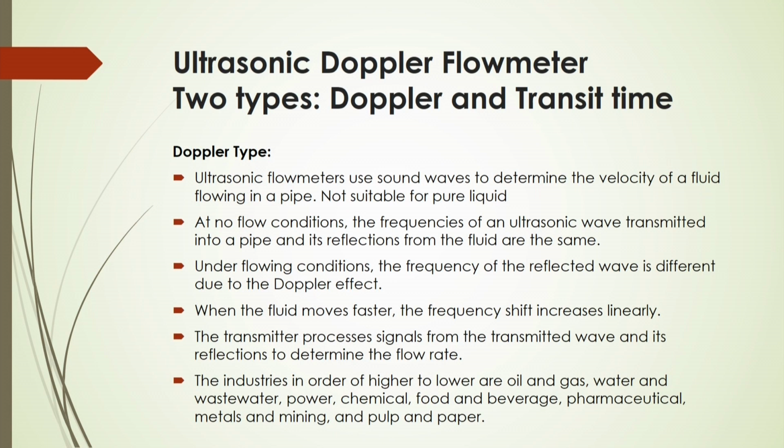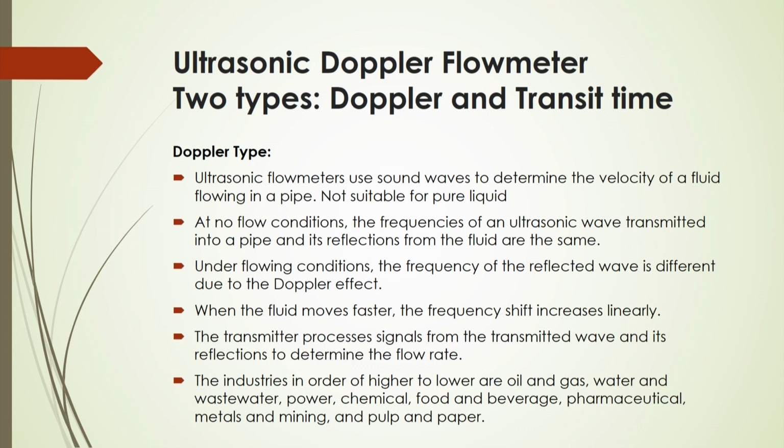Another important flow meter is the ultrasonic flow meter. There are two types: the Doppler and the transit time flow meter. The Doppler type is based on the ultrasonic principle. Ultrasonic flow meters use sound waves to determine the velocity of a fluid flowing in a pipe.